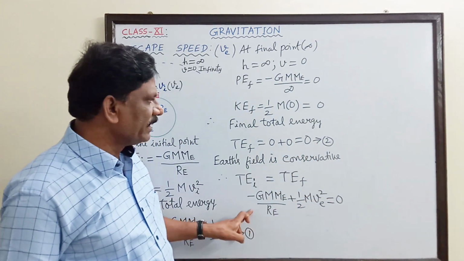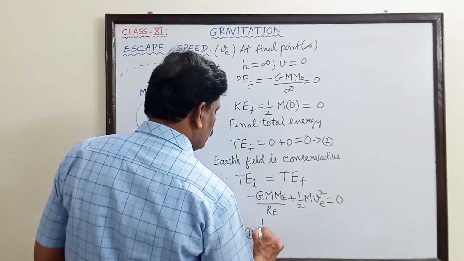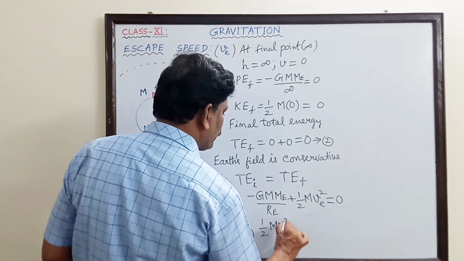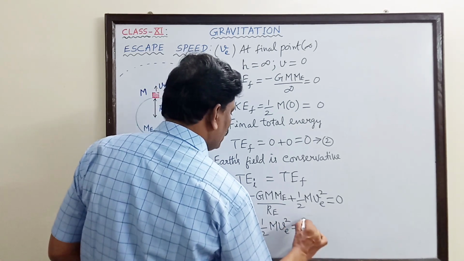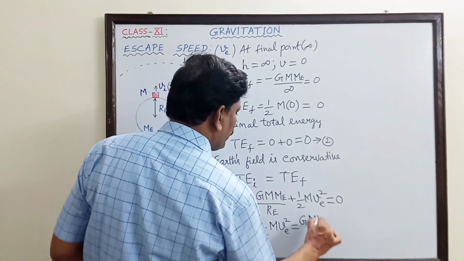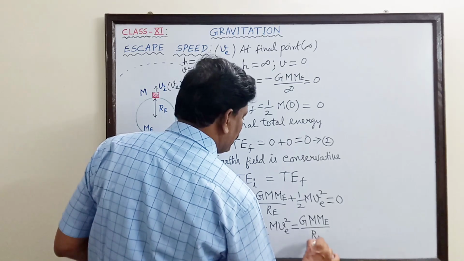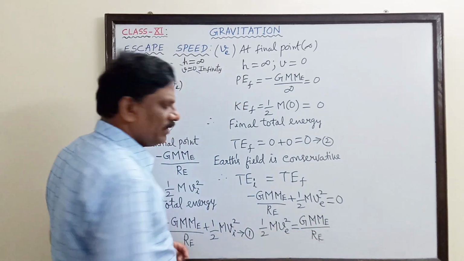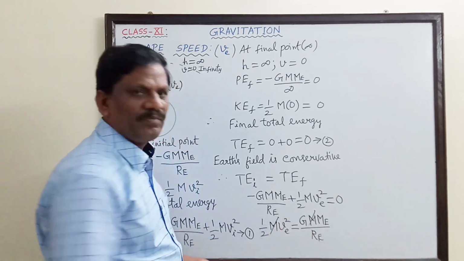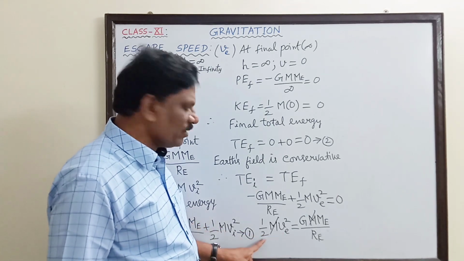Now I shift this negative term to the right side, it will become positive. So half m V escape square is equal to G, now positive, into mass of the body into mass of the earth divided by RE. Now which term can be cancelled on both sides? The mass of the body can be cancelled. So VE square by 2 is there.